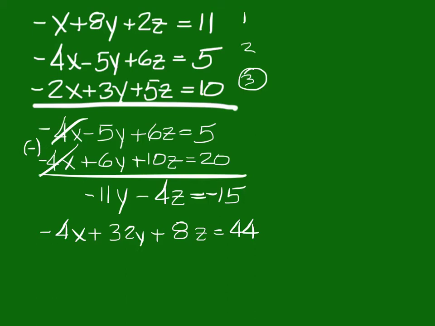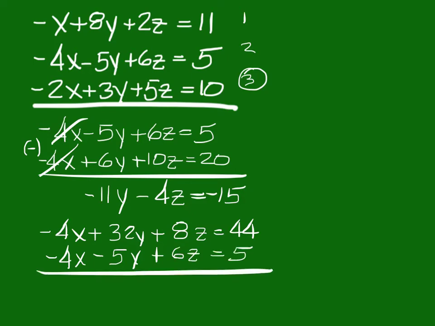And the second one stays the same. It already has a -4x beside it, so we just recopy that underneath of it. Now again, the signs are the same out here on the x's, -4, -4. So once again, we have to subtract. When we do that, the -4x's cancel out.